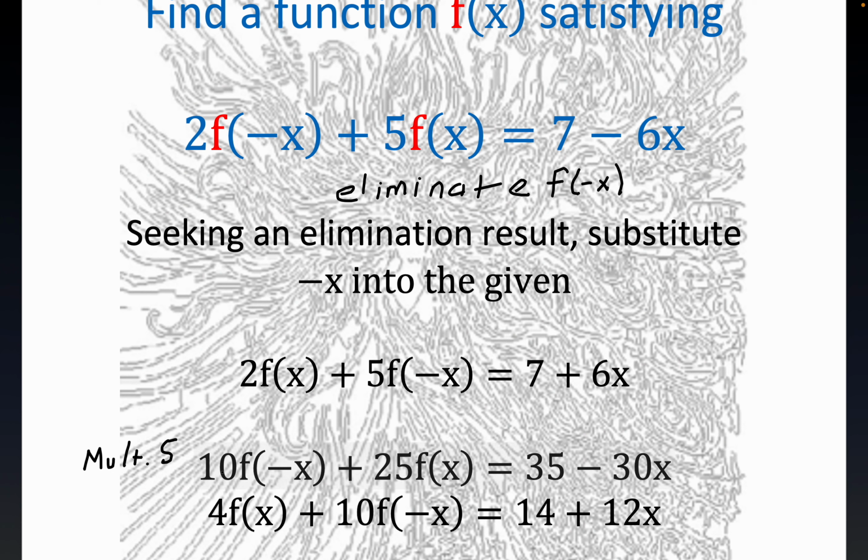Okay, now we're trying to eliminate f of negative x, so it follows that our derived result, we can multiply it by 2, right? We can multiply this derived result by 2, mult 2.